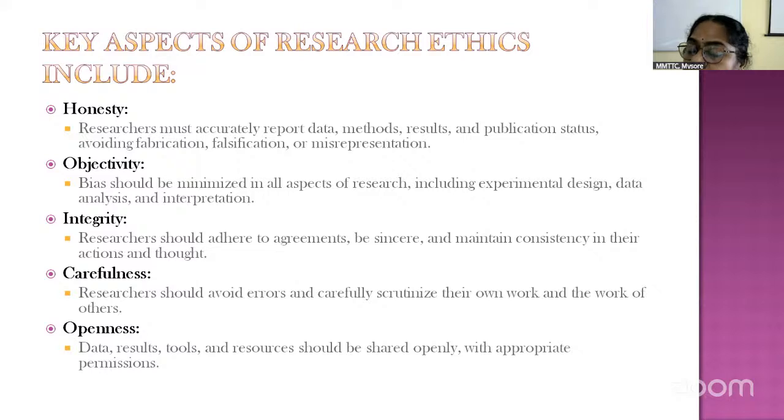For example, think of medical science. It should be ethical only, no? If we go for medical science and the research done is not ethical, just think of the consequences we can face.